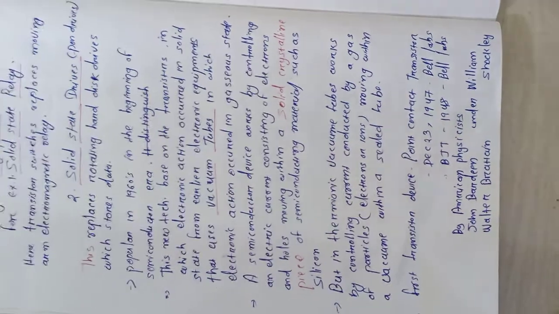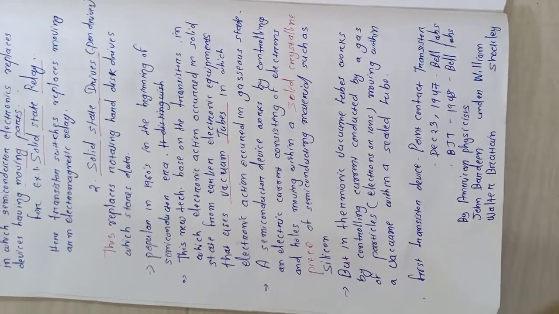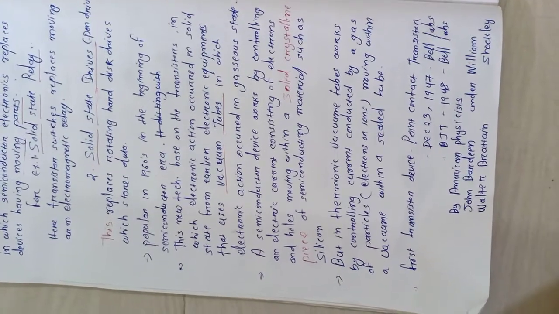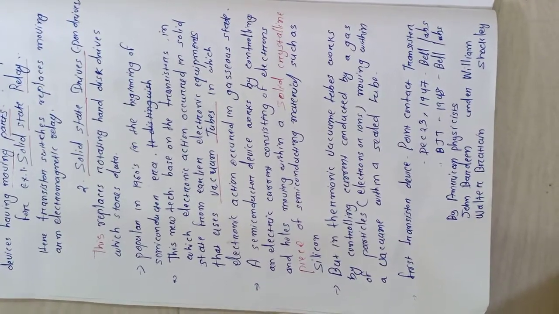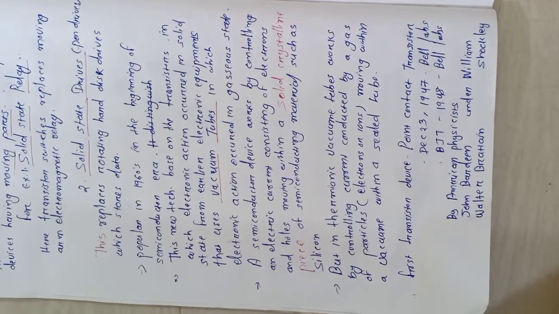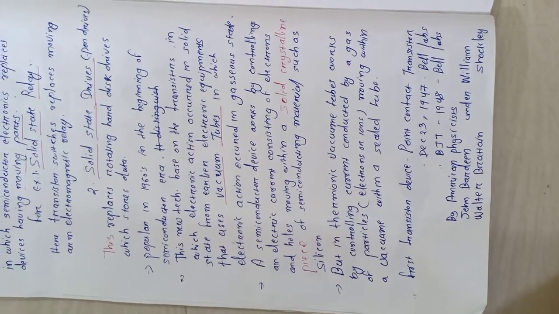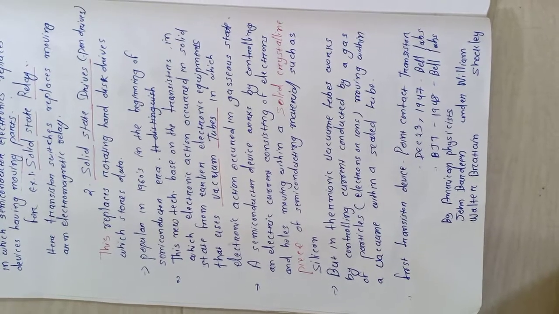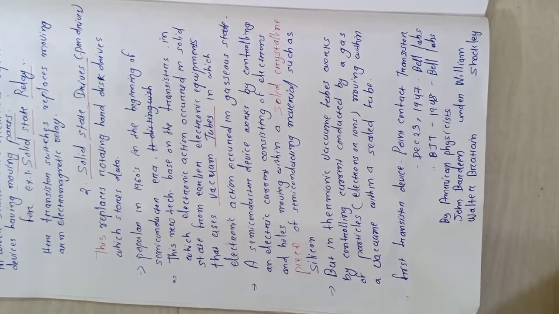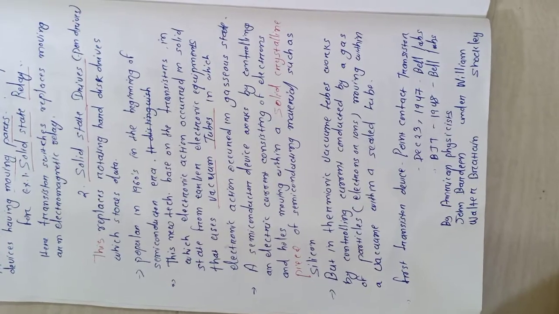But in the thermionic vacuum tubes, what happens? These tubes work by controlling current conducted by a gas of particles, the particles being electrons or ions, moving within a vacuum within a sealed tube.